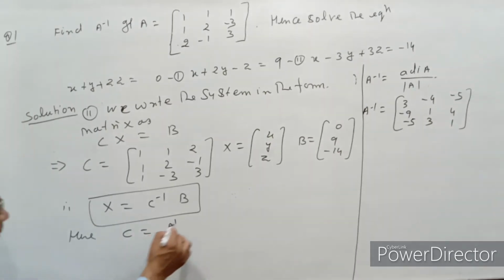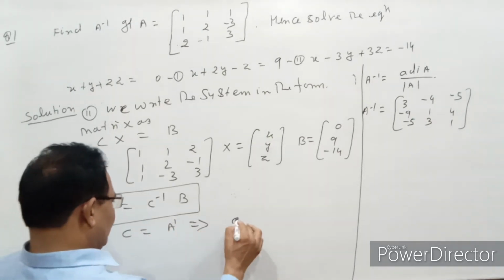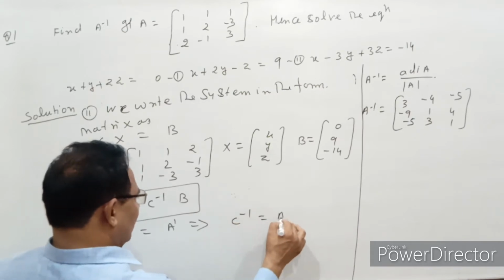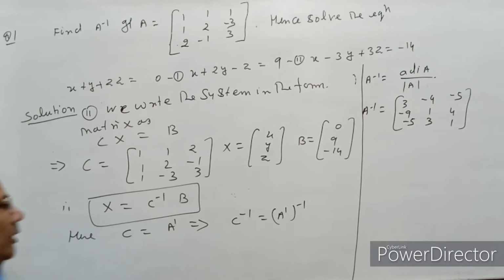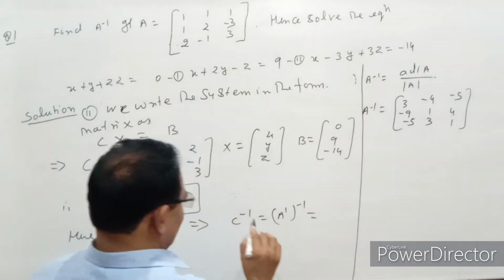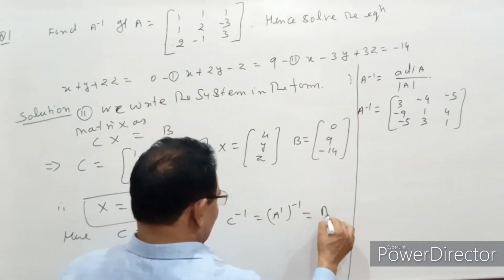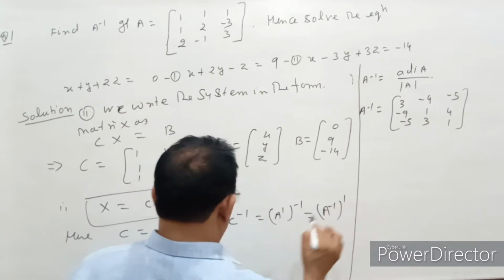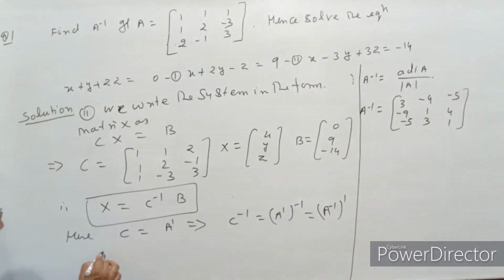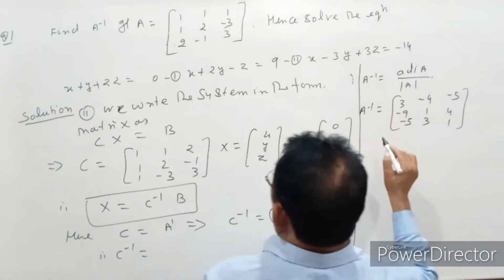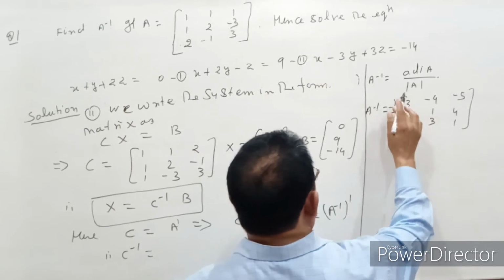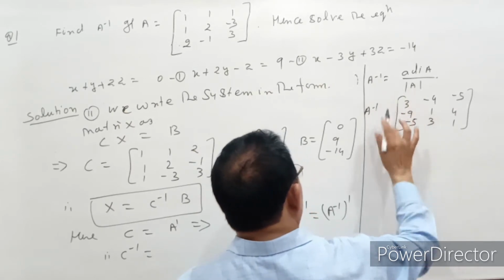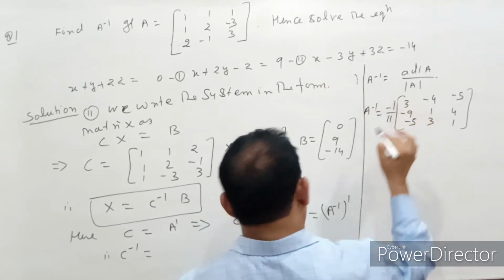So this implies that C inverse is equal to the whole inverse of A transpose, and this is equal to A inverse whole transpose. So therefore we take here C inverse is equal to, that is, A is equal to minus 11, minus 1 by 11, that is minus 1 upon 11.